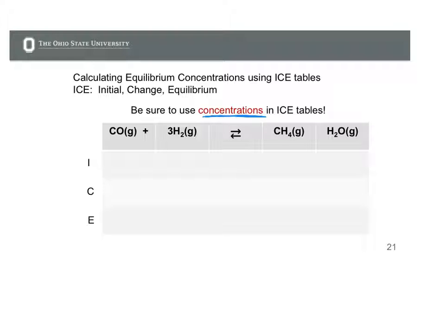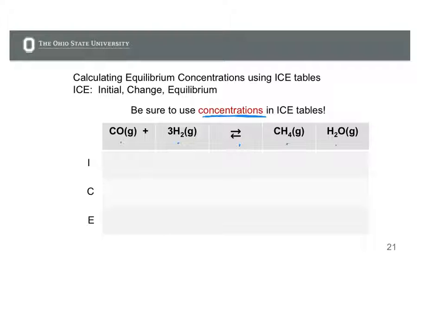So in this case, we're going to look at carbon monoxide plus hydrogen in equilibrium with methane and water. And it's good to include the phases too, because sometimes, as we'll see, the phase will signify that you don't need to worry about that reactant or product. If this were water in the liquid phase, we actually don't need to worry about its concentration.